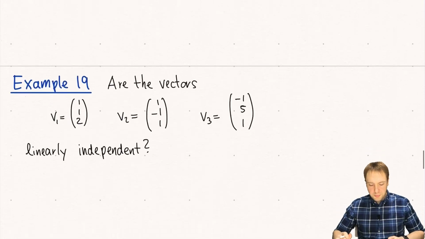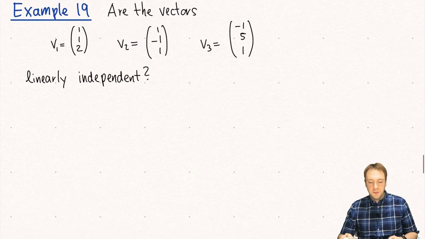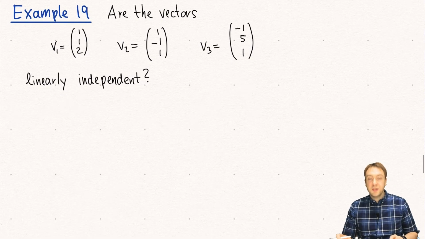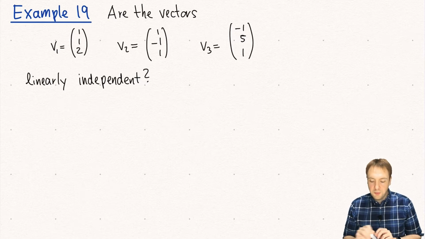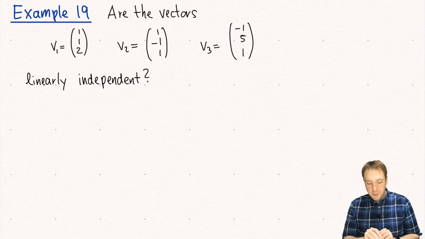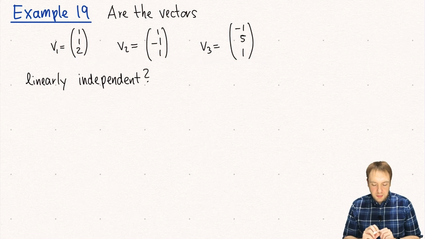But let's first do an example for this notation. So the question is, are these three vectors linearly independent? So here we are in the case m equals 3 and l equals 3. So I have 3 vectors in R3, and we want to see if they are linearly independent.